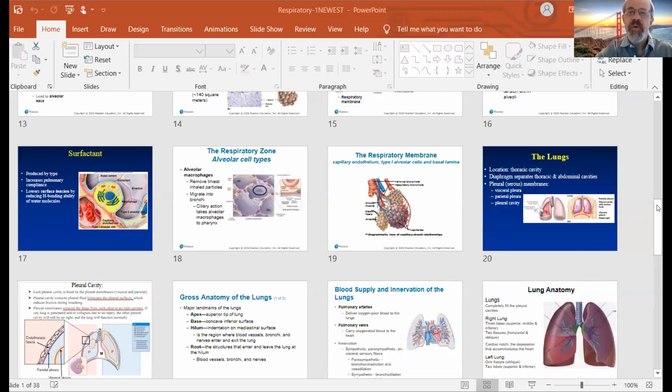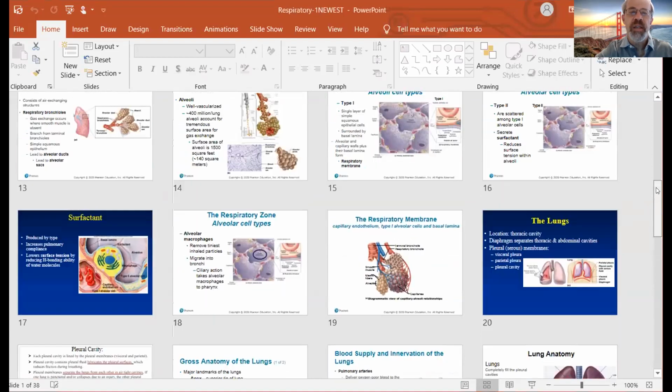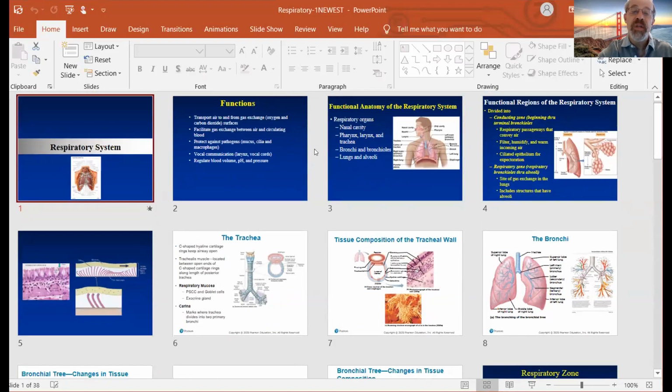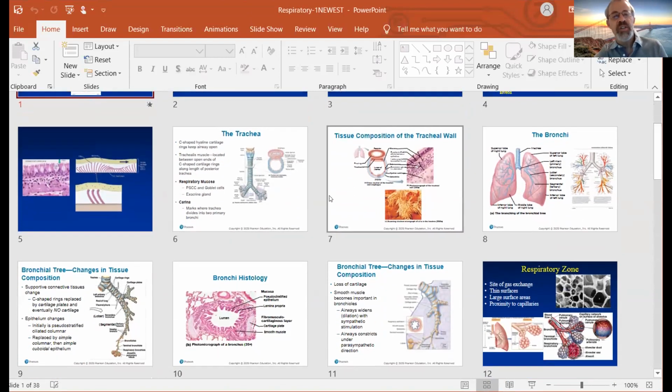All right. So where we left off last time with the respiratory system, just to kind of back up, we spoke about functions and the anatomical structures that comprise the respiratory system, beginning with the nose and all the way down to the alveoli. We divided the structures into two main functional capacities, the conducting zone and the respiratory zone, and we spoke about structural characteristics of each.